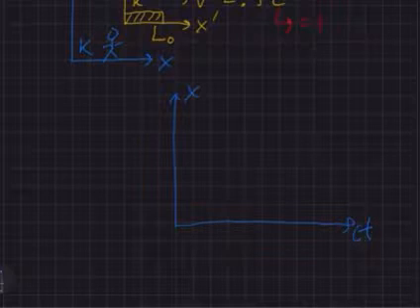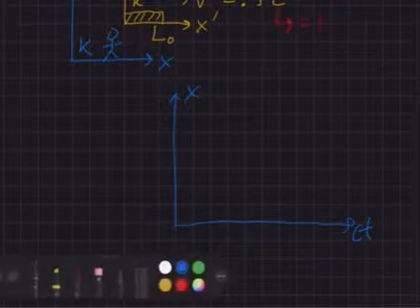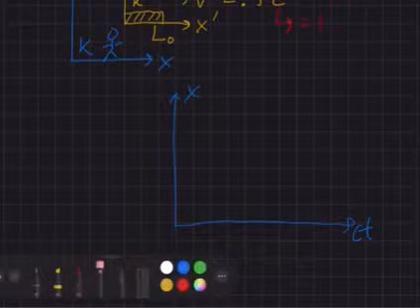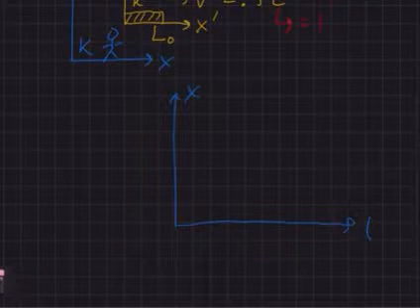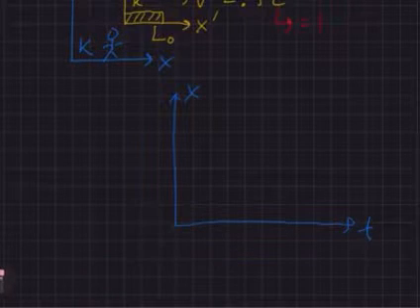Typically, we should be plotting x versus ct, but we're assuming that c is equal to 1, therefore we'll just plot x versus t. The idea is that in a space-time interval, x and ct shows up.